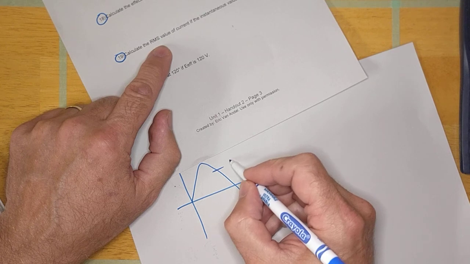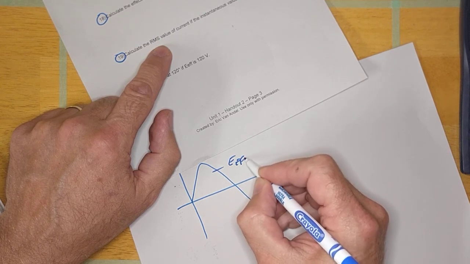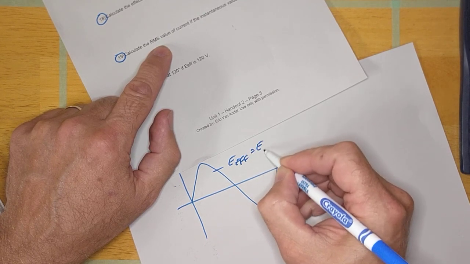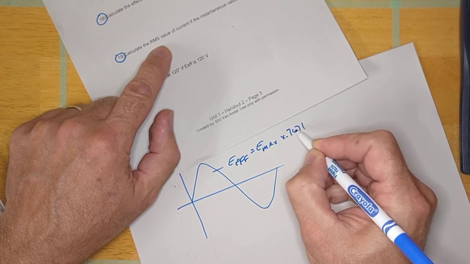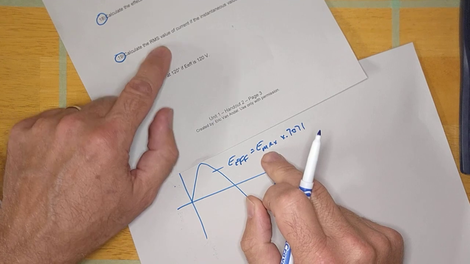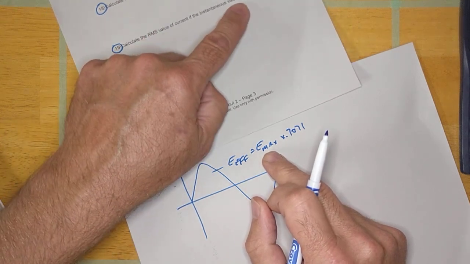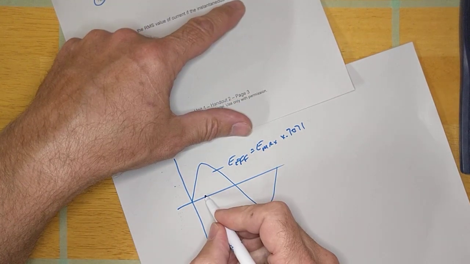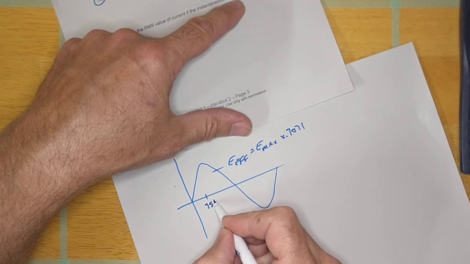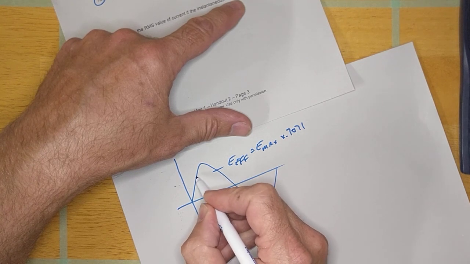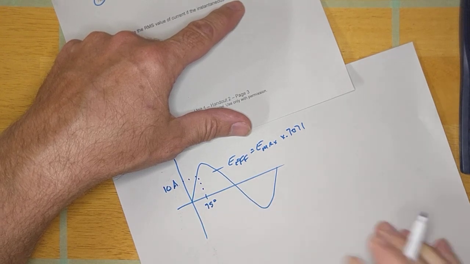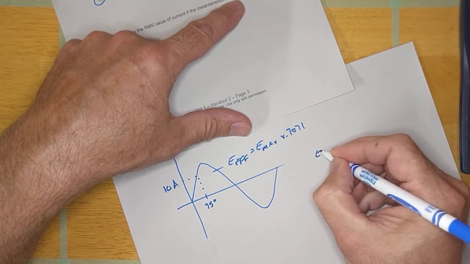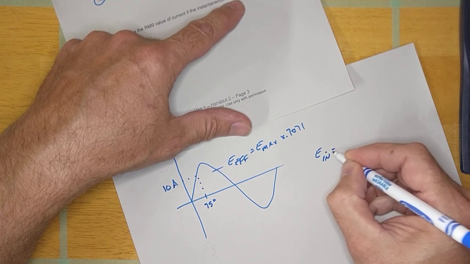So E effective is E max times 0.7071, but I don't even know E max, I only know an instantaneous value. And it's saying over here at 75 degrees, it's 10 amps.